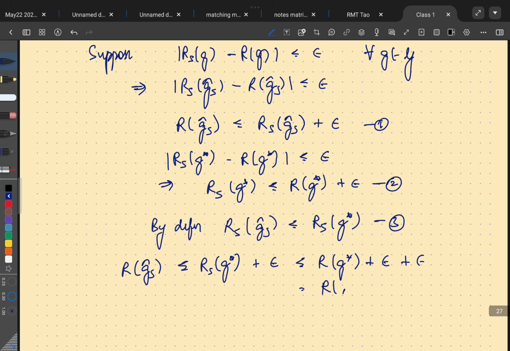So this is R of G star plus 2 times epsilon. Right? Question? Sir, R S is the empirical risk and R is the random. Exactly, yes. The average risk.